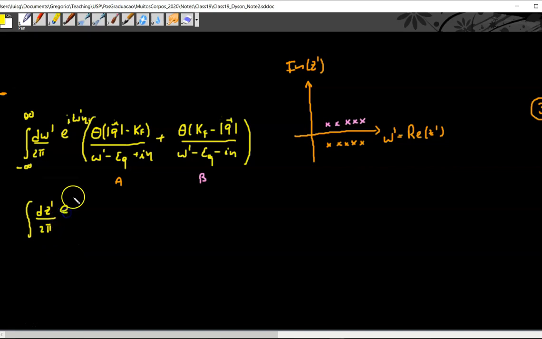But essentially I would get something like this, e to the i z eta 1, all right?